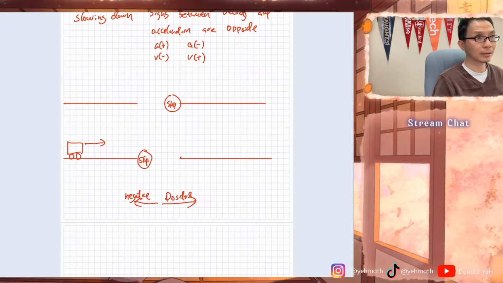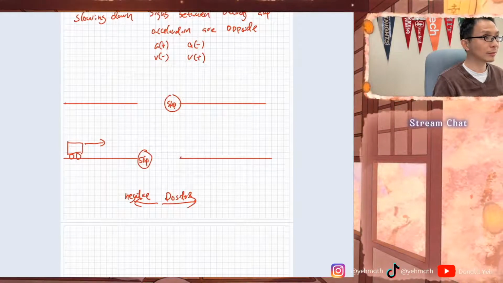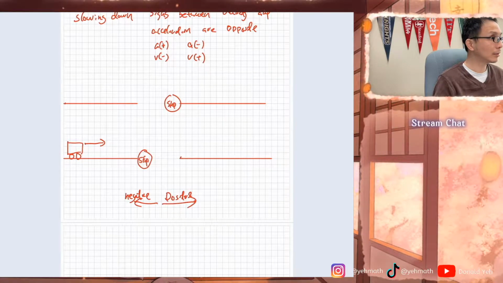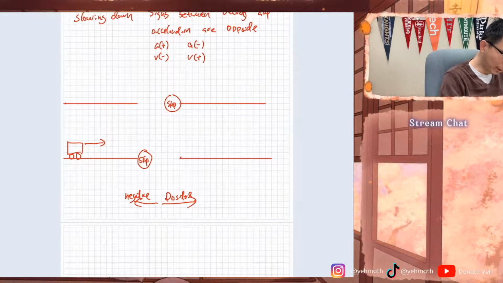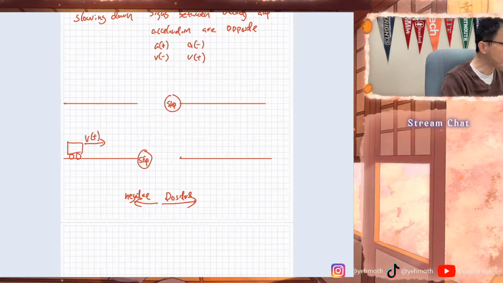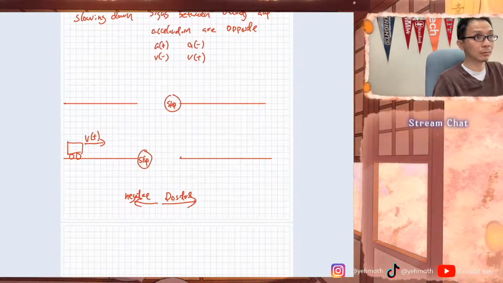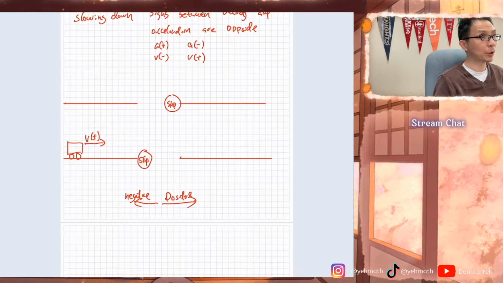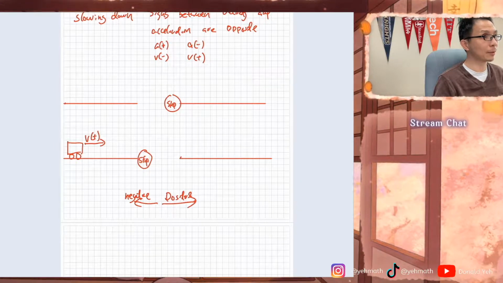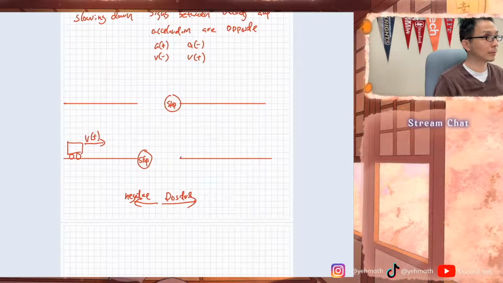Velocity is positive. Good. But what do we do when we see the stop sign? You press the brake, right?